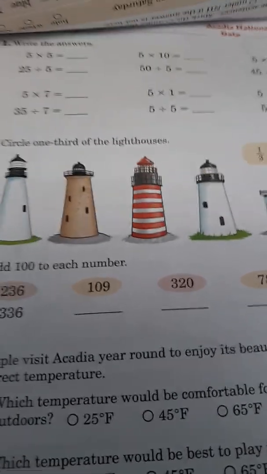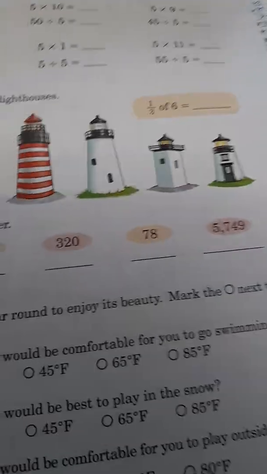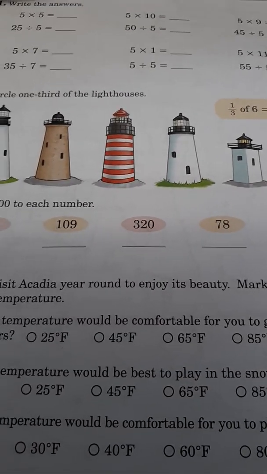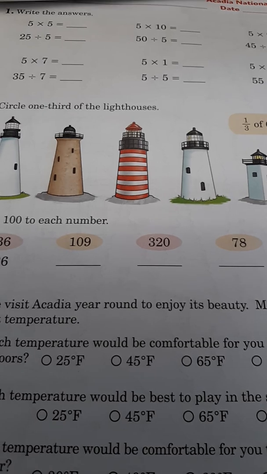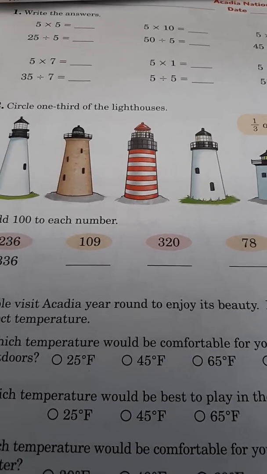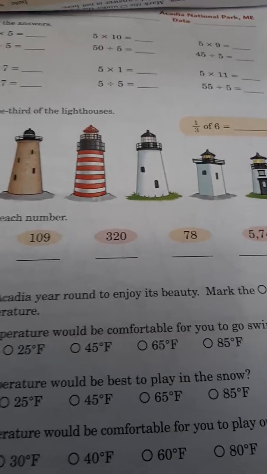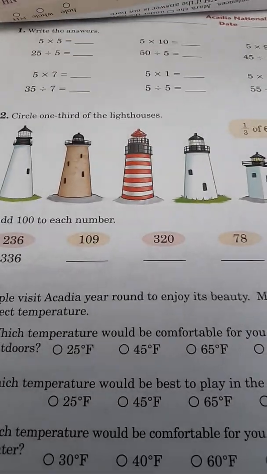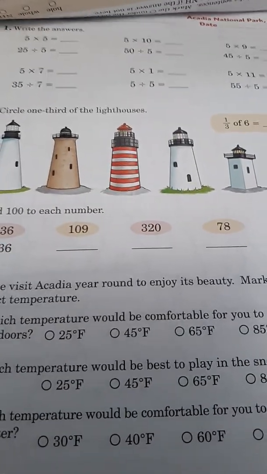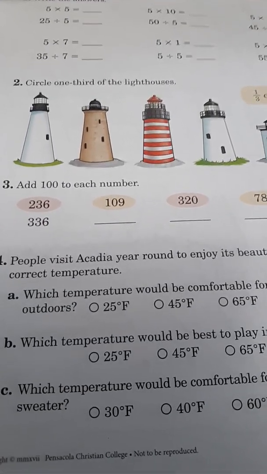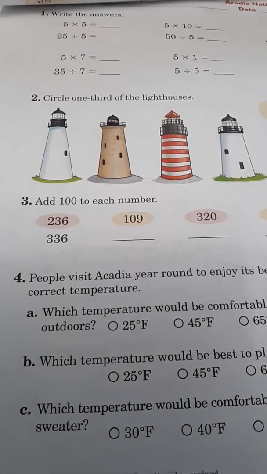So you might be wondering why we're looking at lighthouses here. There are many lighthouses in Maine. Maine is along the coast of the ocean. If you look in your phonics glossary, you can find out more about Acadia National Park. If you have not already read about it, you need to pause this video again and look that up.